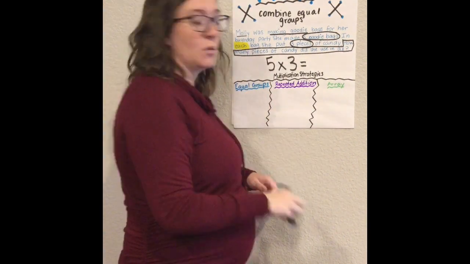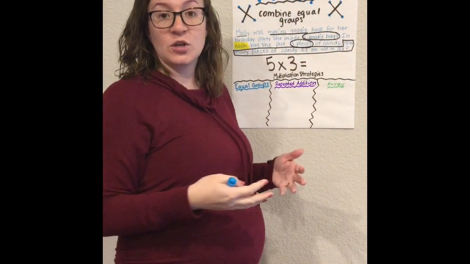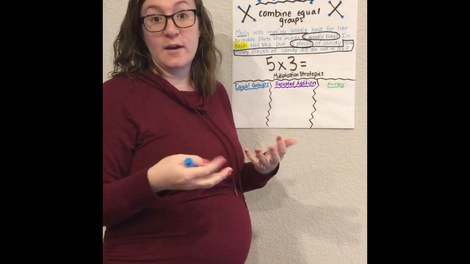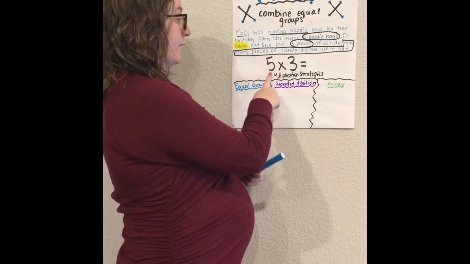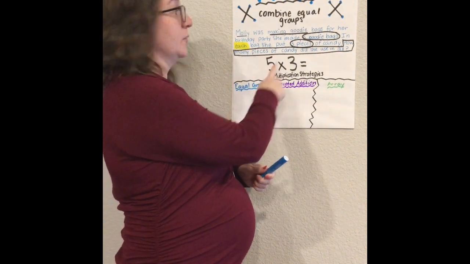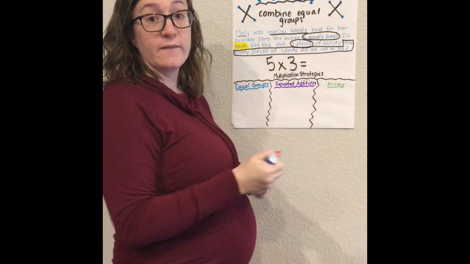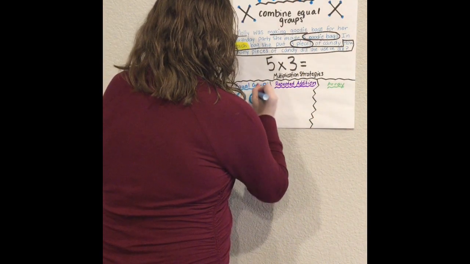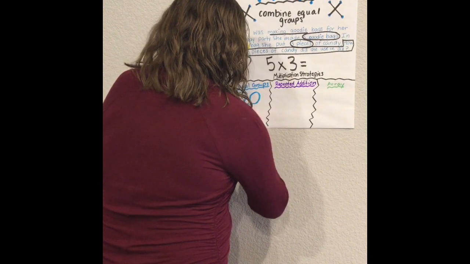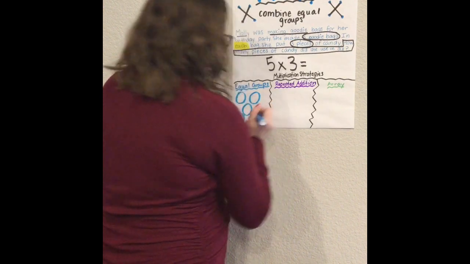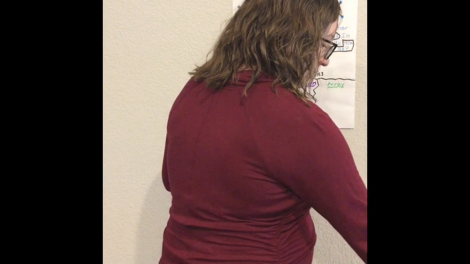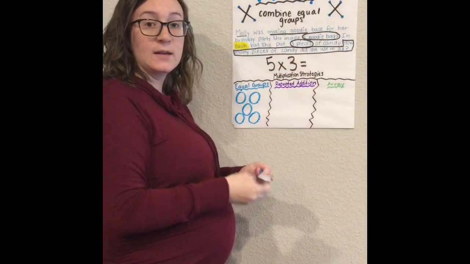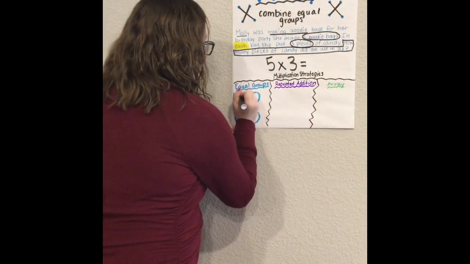Let's start with equal groups. I like this one a lot because you get to draw a picture and you get to really see what's there. So for equal groups, the first number is the number of groups, or the number of goodie bags. So I'm going to try that. 5 groups. 1, 2, 3, 4, 5. And in each bag, there's 3 pieces of candy. So I'm going to draw those 3 candies.